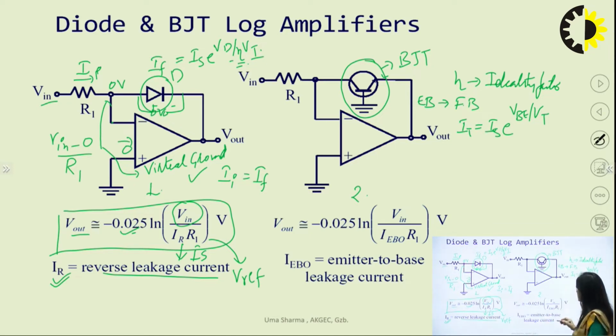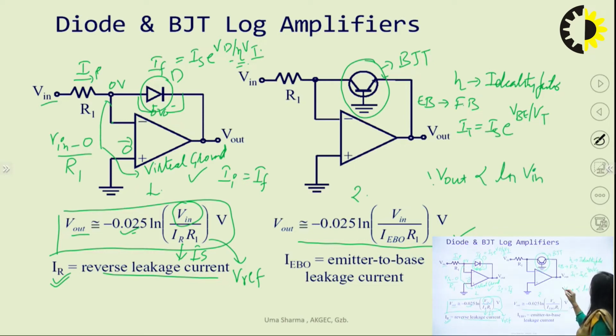Now for the transistor based circuit, we will get the V output expression like this, where you can see that V output is proportional to the logarithm of V input. So this is the implementation of the log function using the operational amplifier and diode, or you can use a BJT in place of the diode.